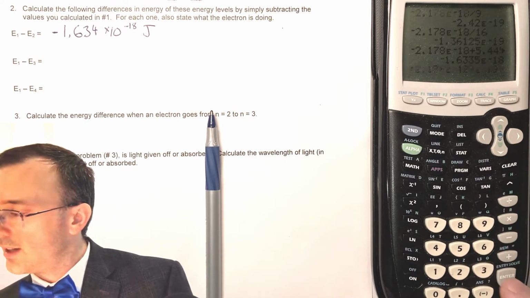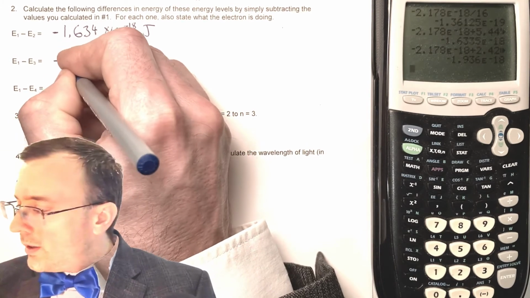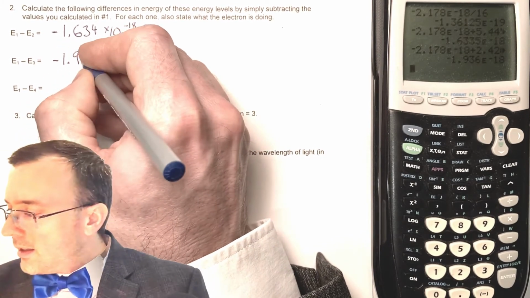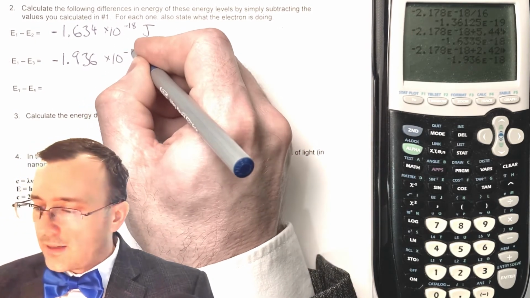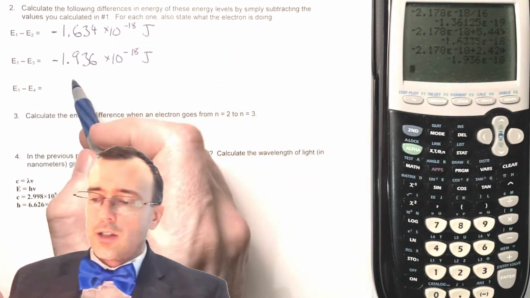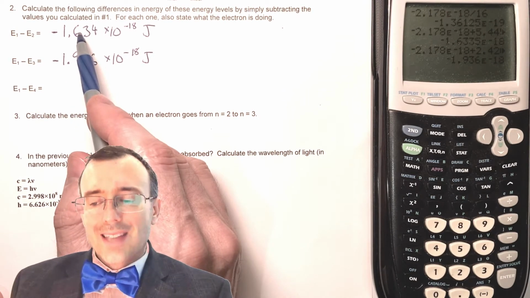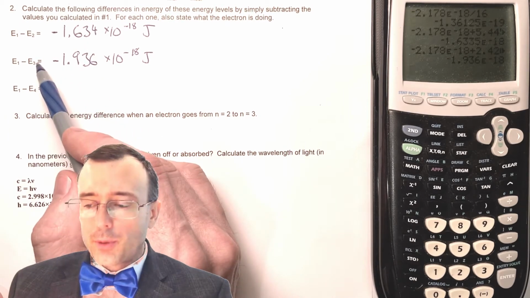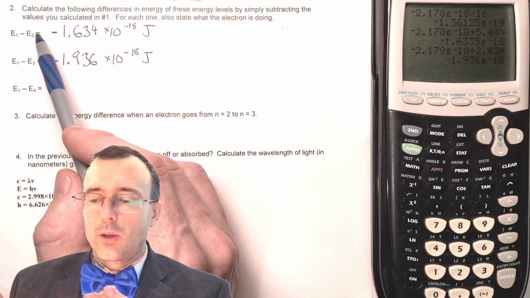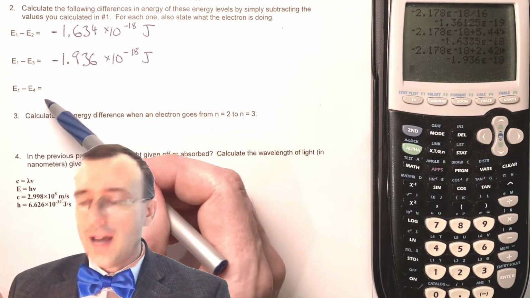And that gets us negative 1.936 times 10 to the negative 18 joules. Notice that this number has an absolute value greater than that, which makes sense because the electron is going down more when it goes from energy level 3 down to energy level 1 than when it goes from 2 to 1. Okay, so we'd expect a larger difference in energy, which is what we have.